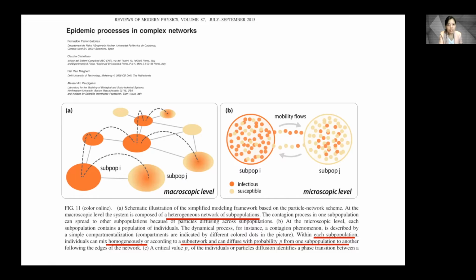These models keep track of the number of individuals at different locations or patches. Note that individuals within these subpopulations are mixed homogeneously, as shown here. You can have another network within the subpopulations, and this is the larger network which represents the relationship of these subpopulations.